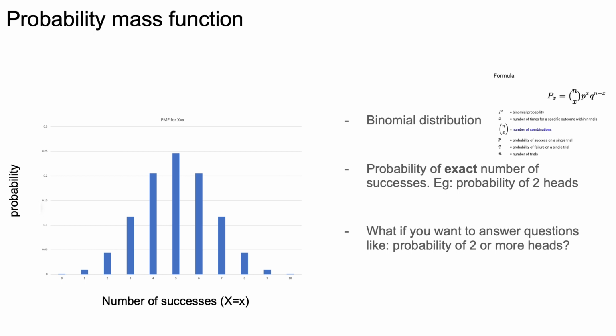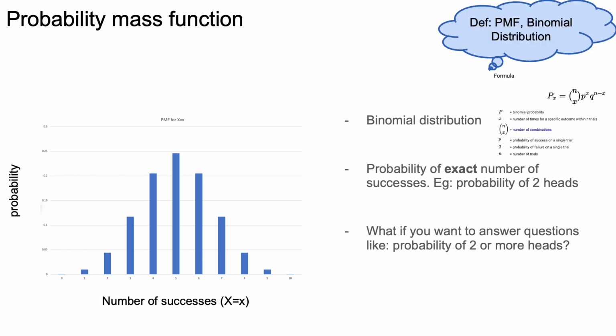But what if we want to answer a question like getting the probability of 2 or more heads? One thing to note is that the PMF is the depiction of the underlying data generating mechanism, which is 10 tosses, and we should expect 5 heads the maximum number of times, and then 4 or 6, and so on and so forth.